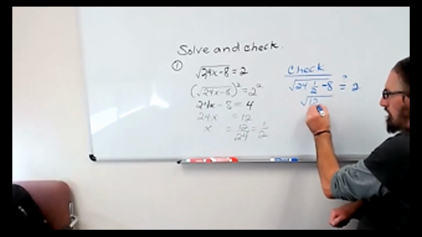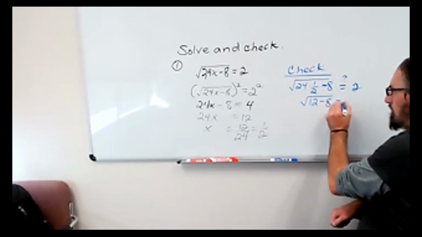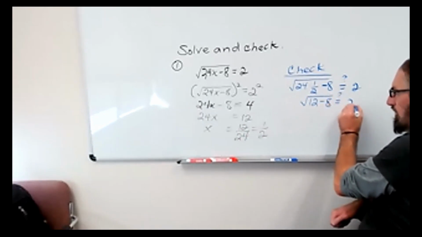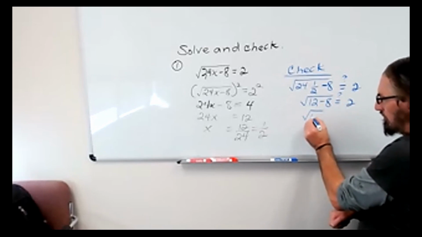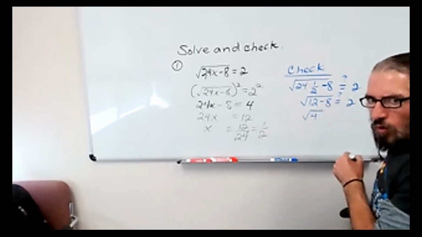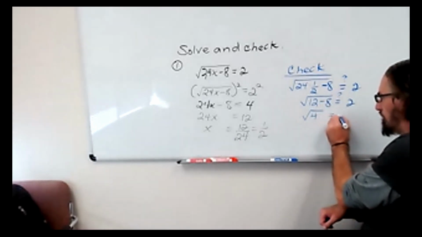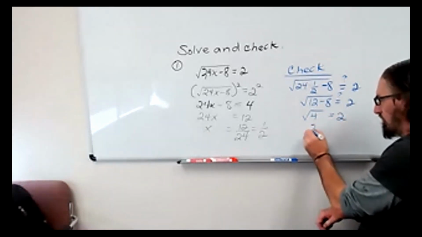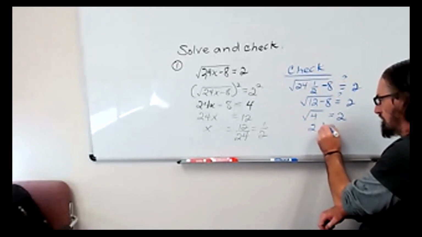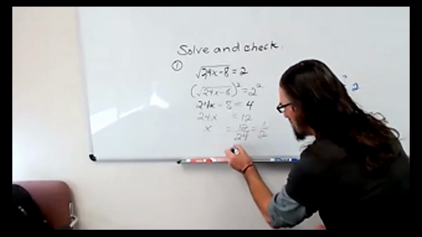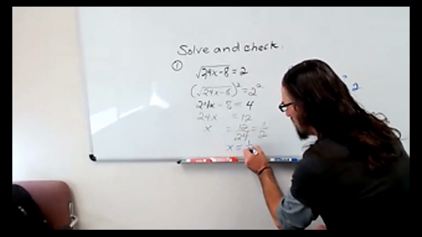And we will see in just a moment that this does check out, because that square root of 4 is looking for the principal or positive square root of 4. And so this does check out. We keep that solution, x equals 1/2.